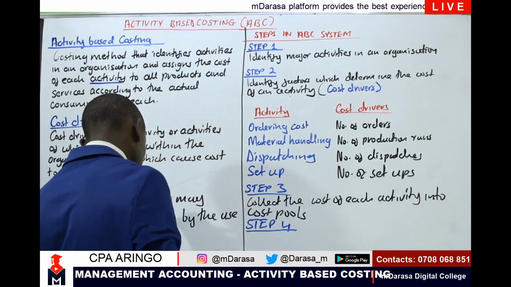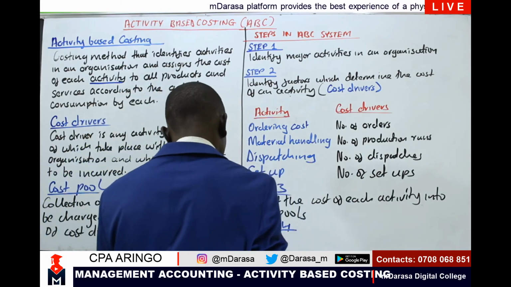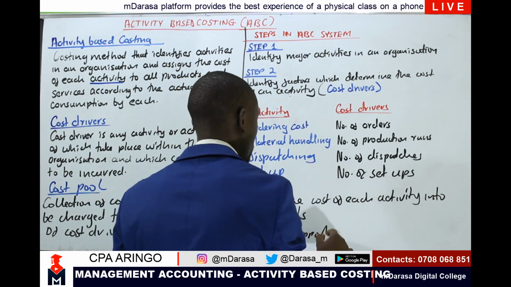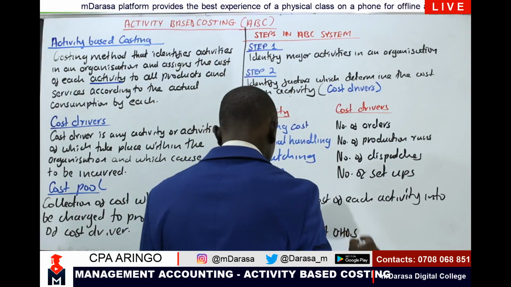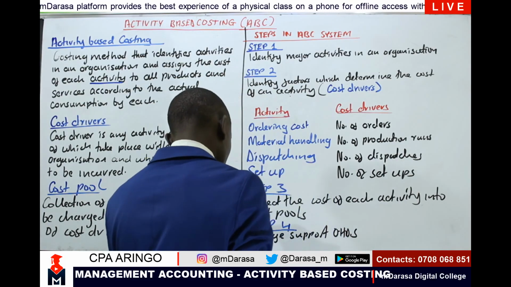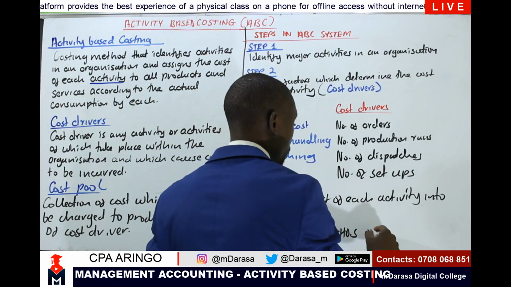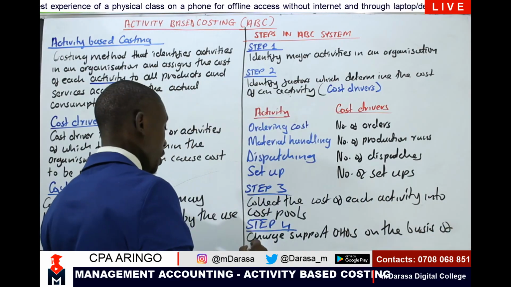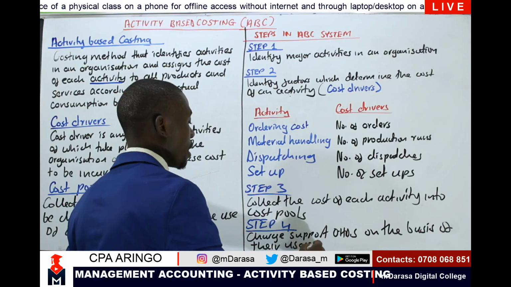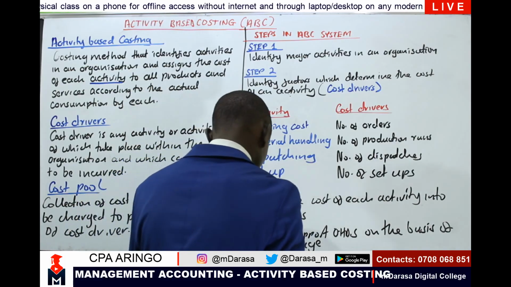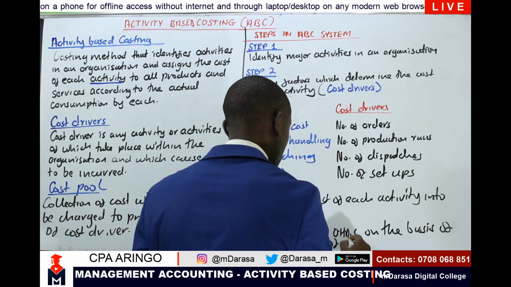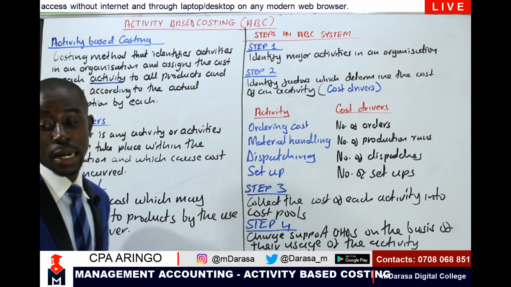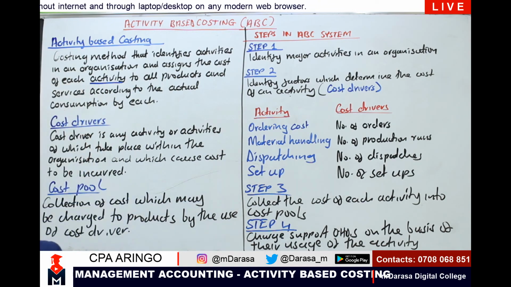We need to charge support overheads to products on the basis of their usage of the activity. So basically, that is what we are talking of.